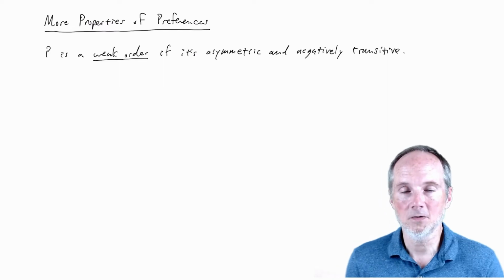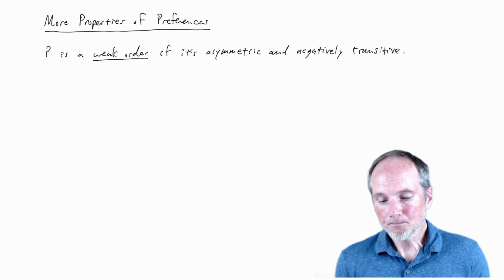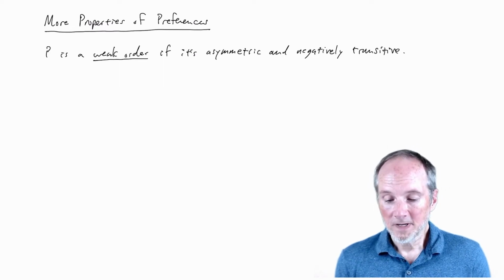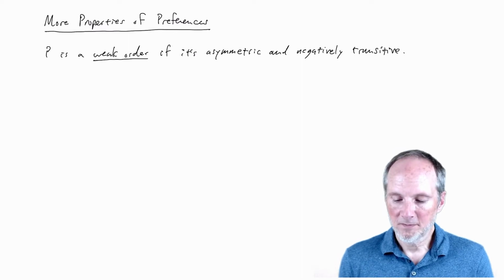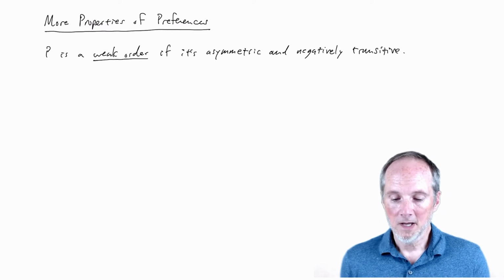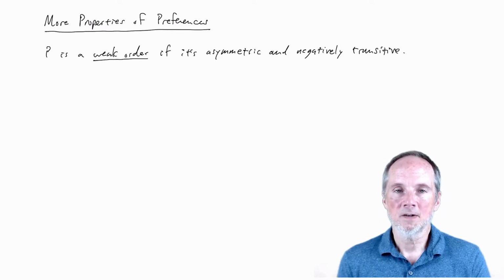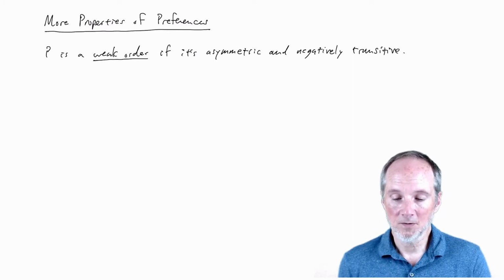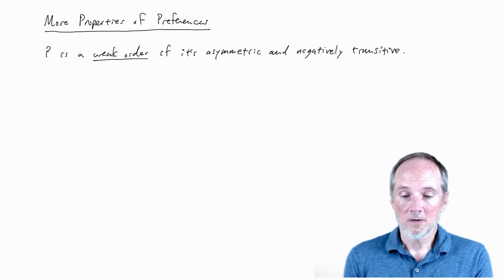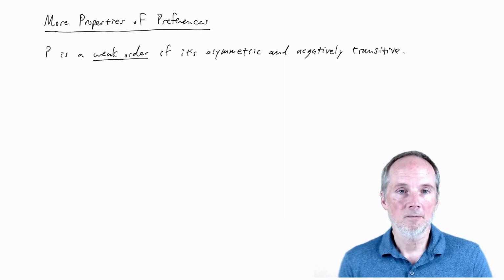Okay, so we could define many other properties of a preference relation, but instead I want to think about different kinds of comparisons a decision maker can make. So one, which we've been referring to, is whether an alternative is strictly better than another.